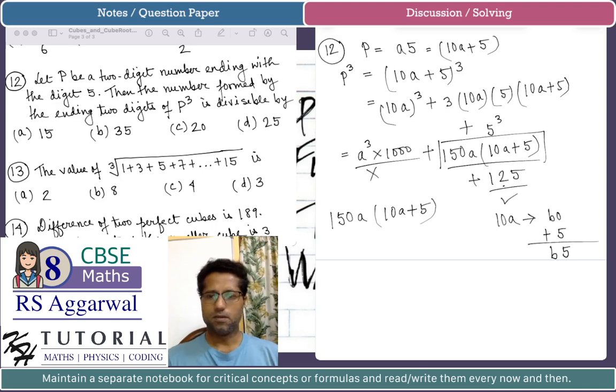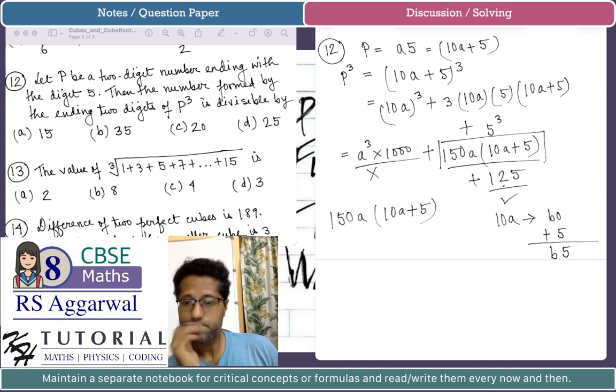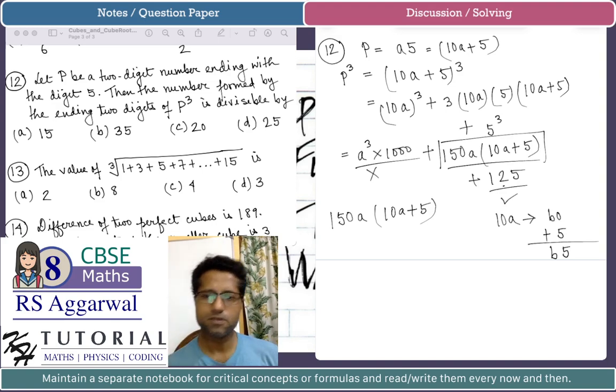And 10a plus 5, whatever the number is, will end with the digit 5, that is for sure, and it will be a two-digit number like B5, where B will be some digit from 1 to 9.